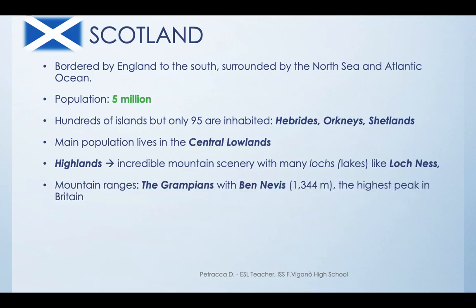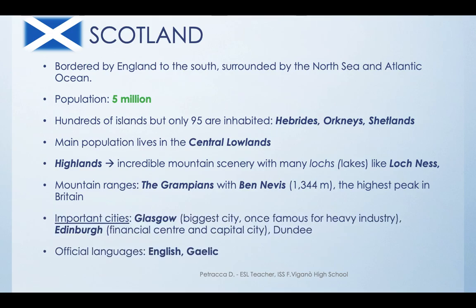Main mountain ranges are the Grampians with Ben Nevis, which is the highest peak in Britain. Important cities are Glasgow, which is the biggest city, once famous for heavy industry, and Edinburgh for sure, which is the capital city and also the financial centre of Scotland. Dundee is another important city. The official languages are English and Gaelic.